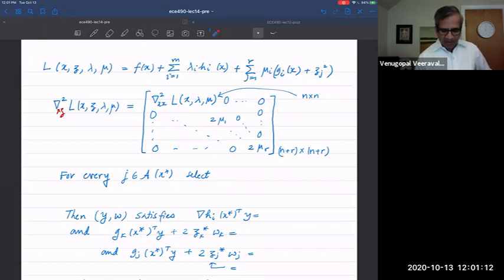Because when I take the derivative with respect to X, this will drop out, and then I'm left with nothing involving Z, so when I take a partial with respect to Z, it'll go to 0. So all these are going to be 0.